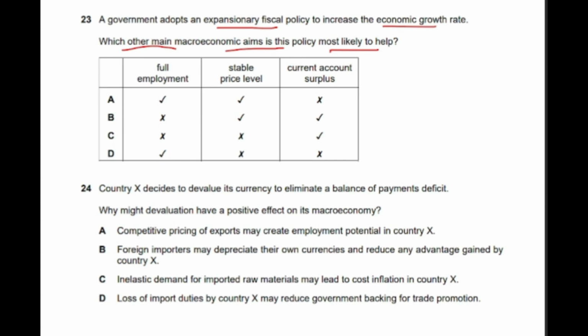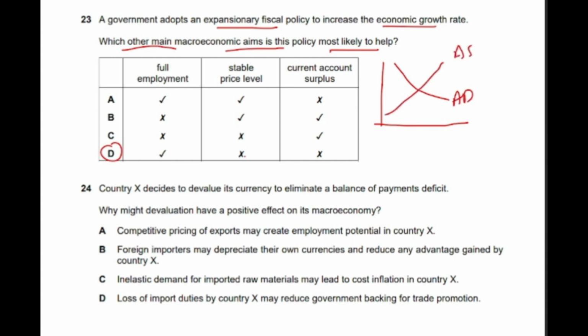Okay, so this policy will help to achieve full employment. Option D is correct answer. This will not help to achieve stable prices, and it will not help to achieve current account surplus, because when government uses expansionary monetary policy or fiscal policy, it increases aggregate demand.